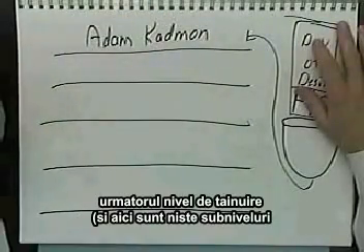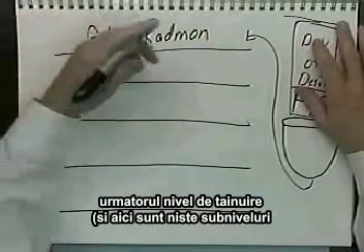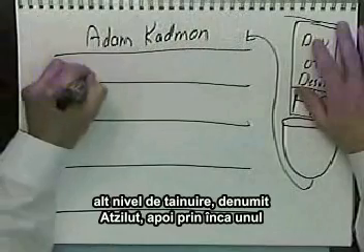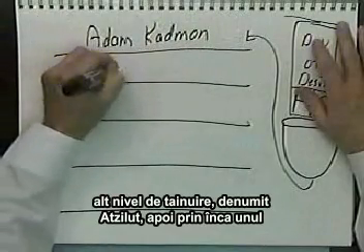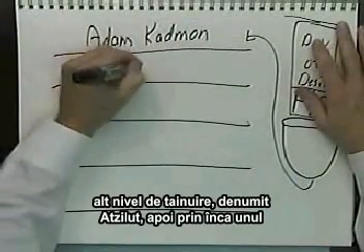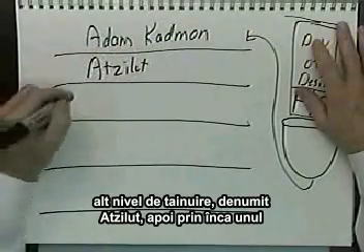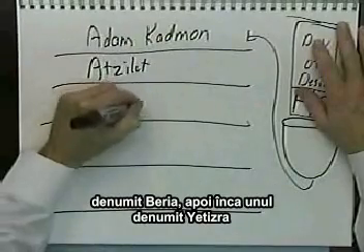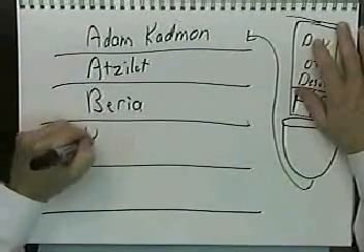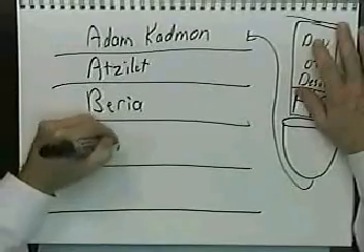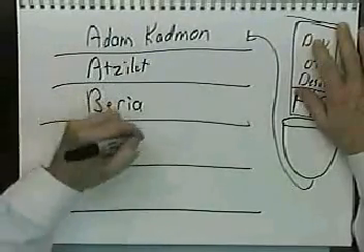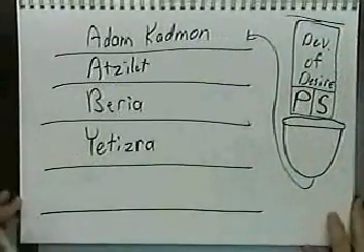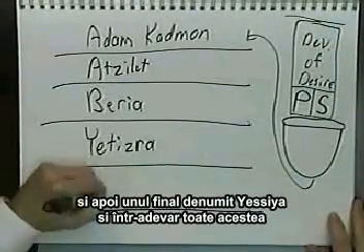The next level of concealment, and there are some sub-levels in here that we'll be going through, but then it goes through another level of concealment called Atzilut, and then another one called Beriah, then another one called Yetzirah. Yetzirah, my Hebrew teacher is going to shoot me here. And then a final one called Assiyah.